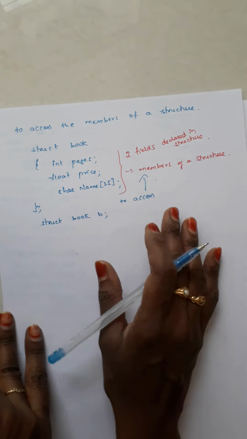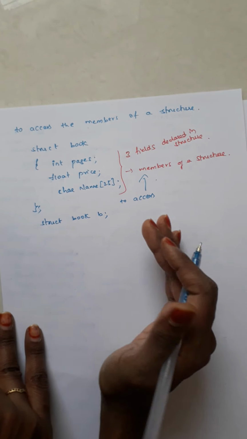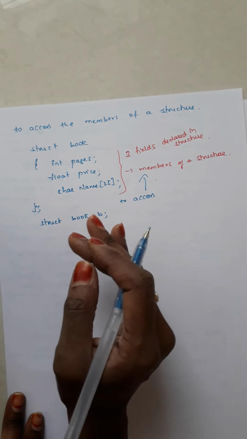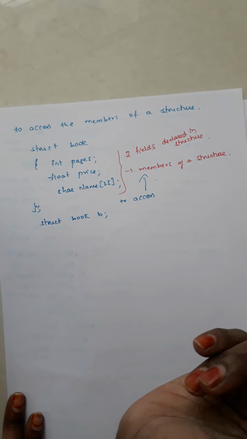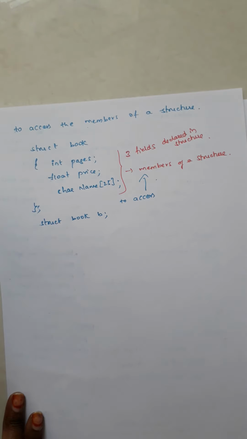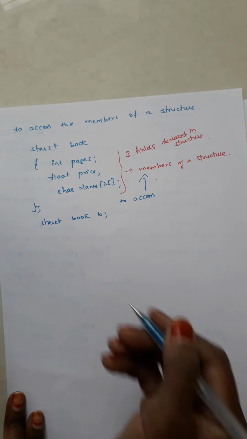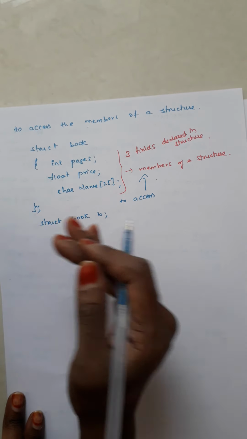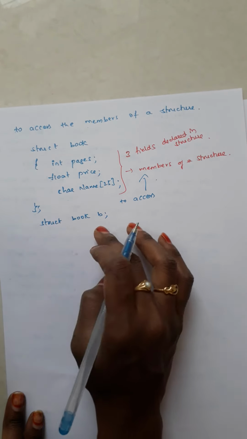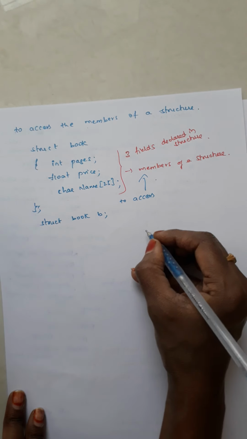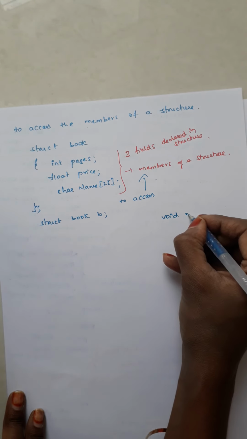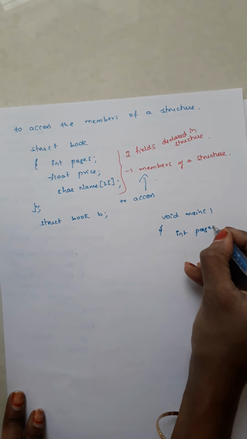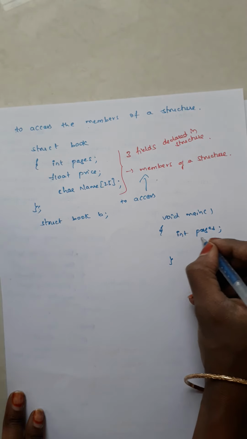To maintain the variation between a normal variable and a structure variable, we use the structure variable. For example, here we write void main. If we write int pages, can we access it? We can access it easily.